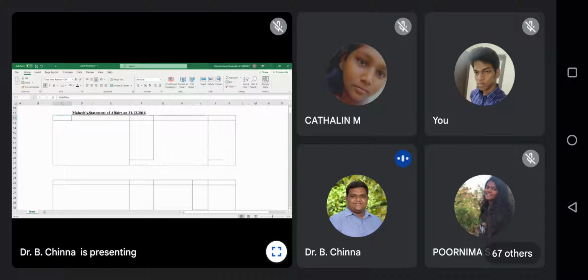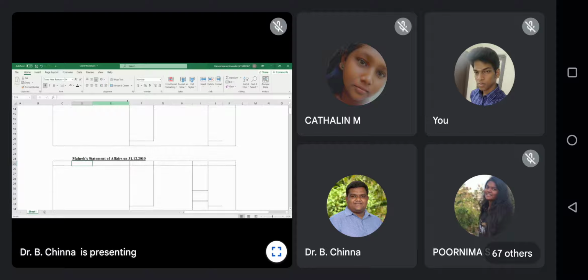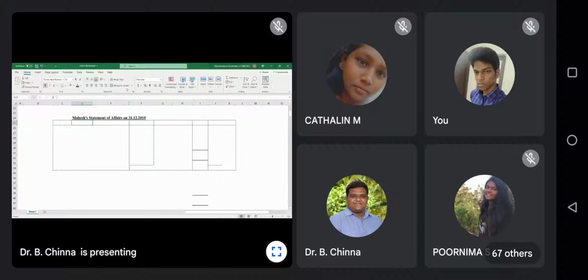Even we can simultaneously prepare the statement of affairs for the opening capital too. Clear? So tell me, what is the actual format?